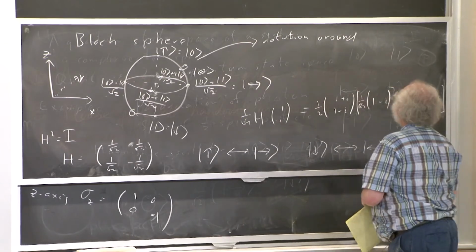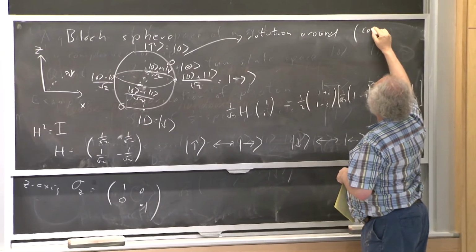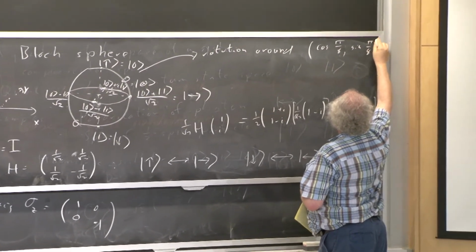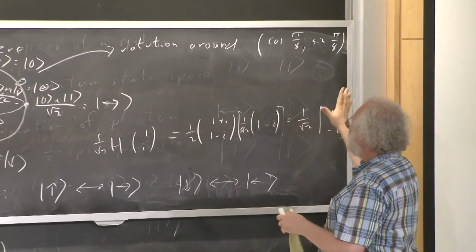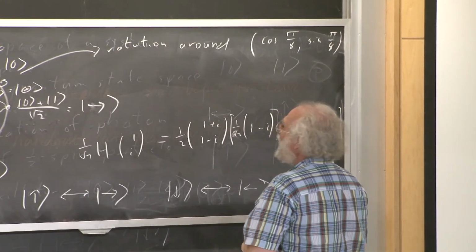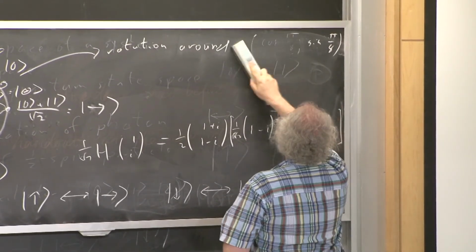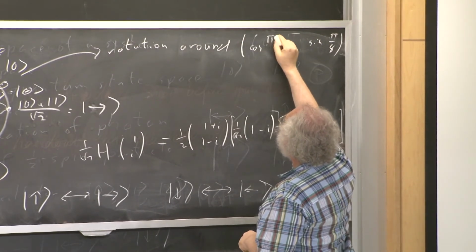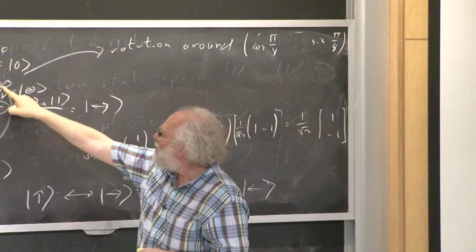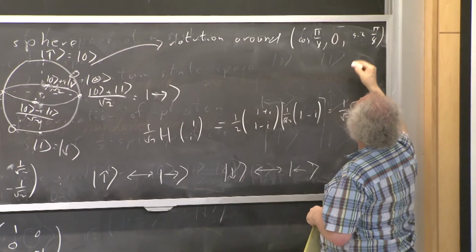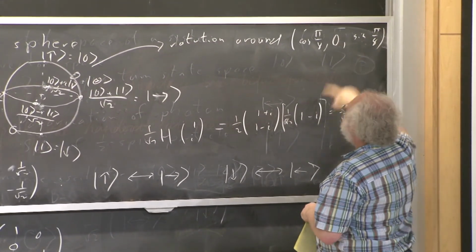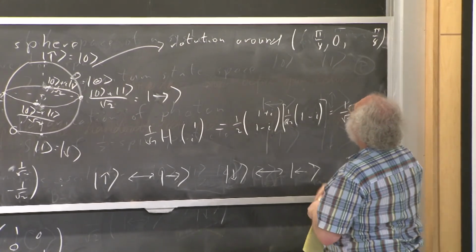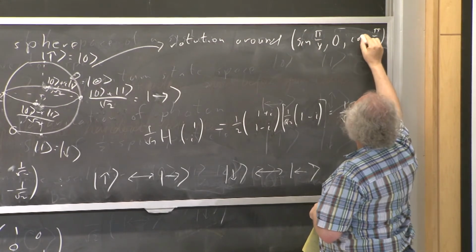Cosine pi over 8, sine pi over 8, really. The y-axis is 0, and the z-axis is cosine pi over 8, and so sine pi over 8, 0, cosine pi over 8.